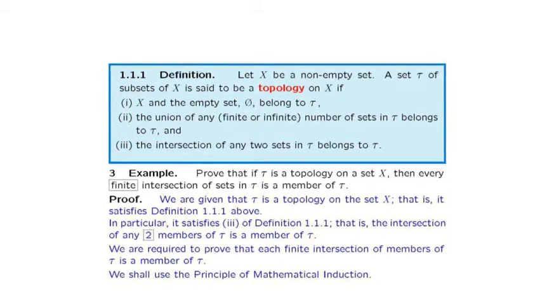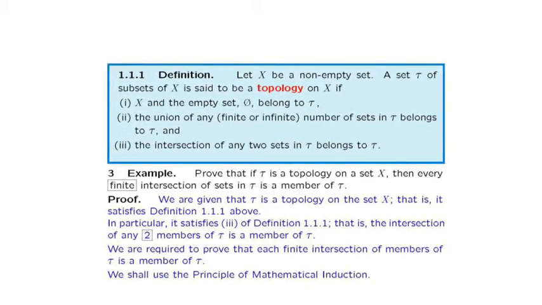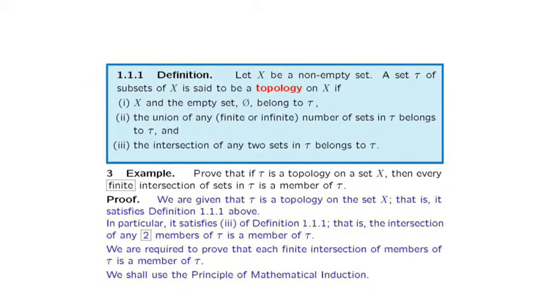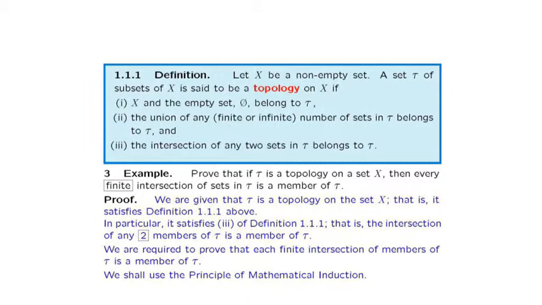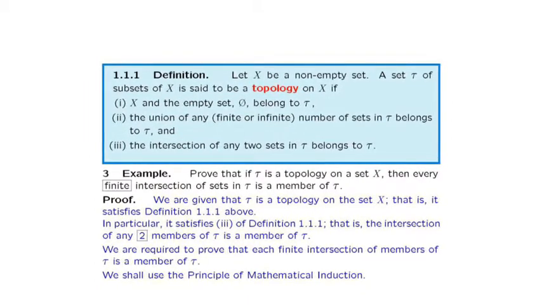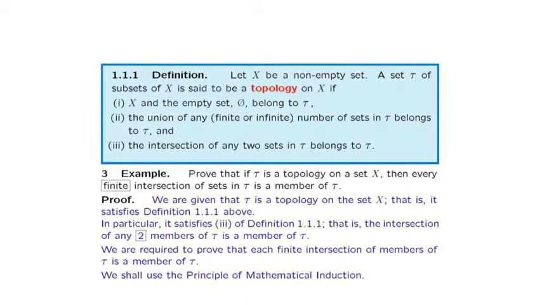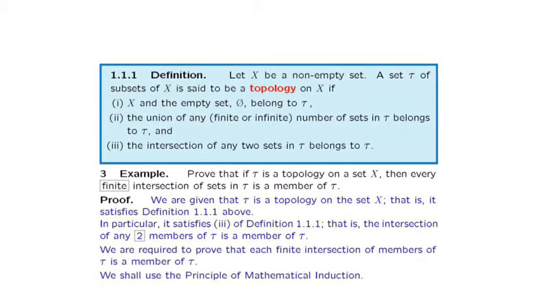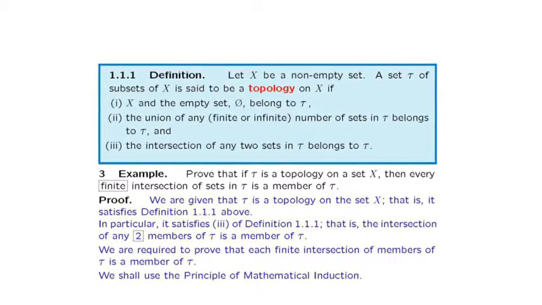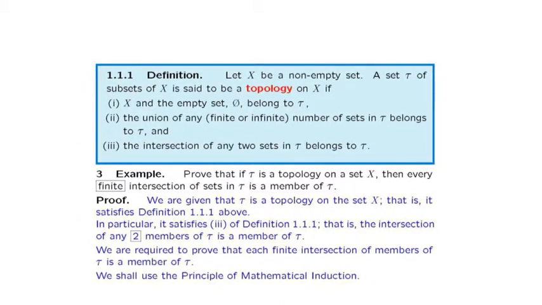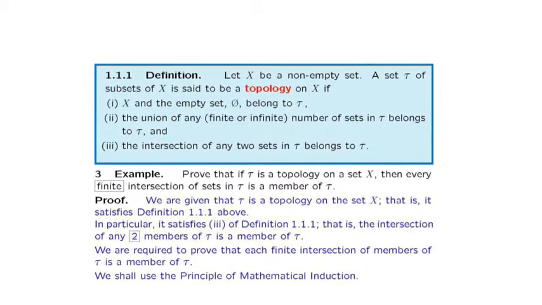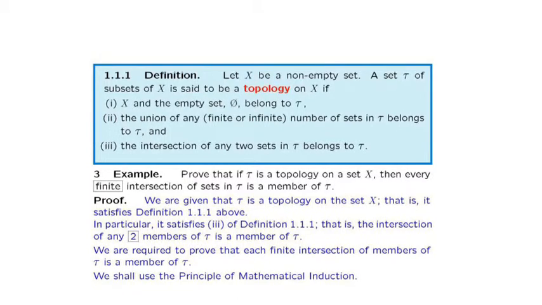We write down clearly what we are given. We make sure we understand each technical term in what we are given. We write down what we are required to prove. We make sure we understand the technical terms in what we are required to prove. And then we think about how to proceed with the rest of the proof.